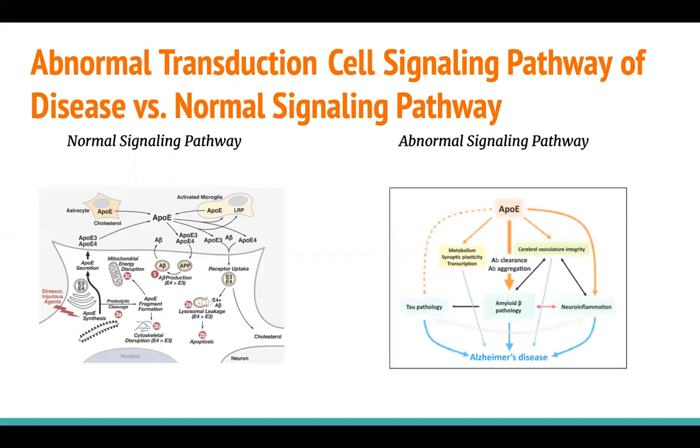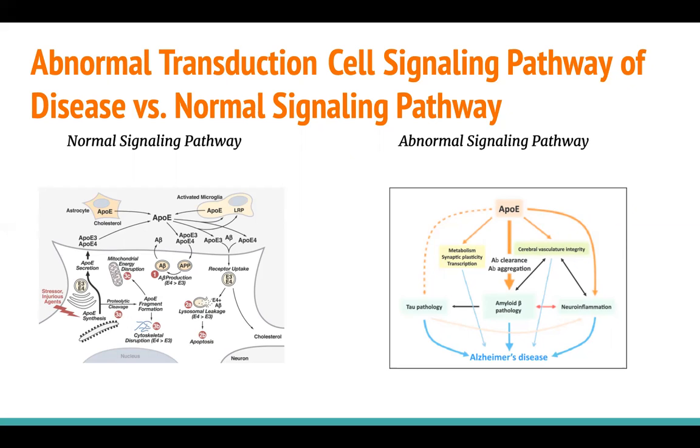The abnormal cell signaling transduction pathway of the disease versus the normal signaling pathway. The diagrams I have here represent the normal signaling pathway versus the abnormal signaling pathway. The first one here, as you can see, is the APOE pathway, and then in the abnormal signaling pathway, the APOE has two different routes.